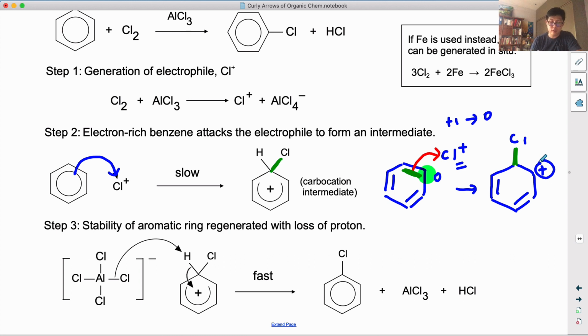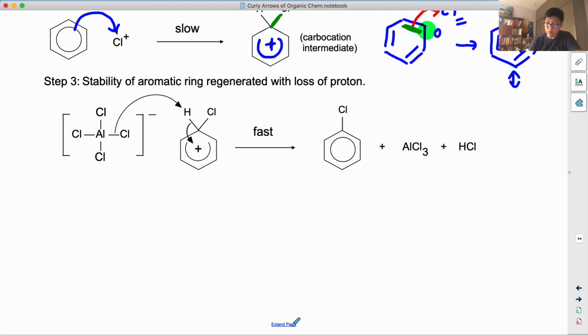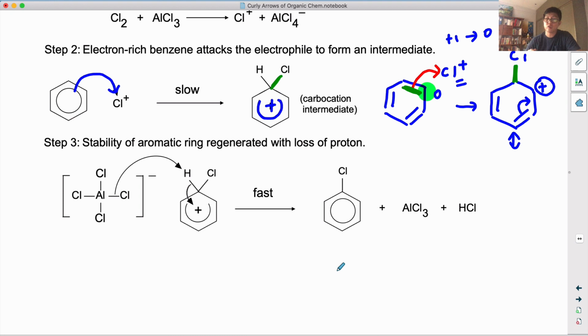So normally we draw it like this. To give a rough idea of how it works, this bond pair will move here. I'm going to draw a bit of resonance for you. This is a bit more info already, but it's okay. The electrons will be drawn towards the carbocation there, and you will see this happening.